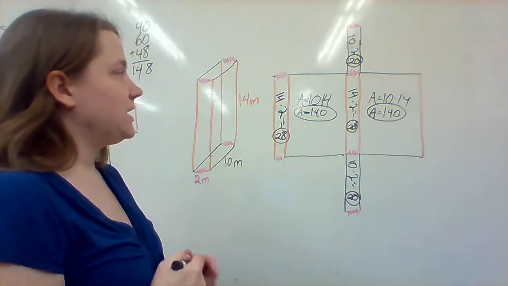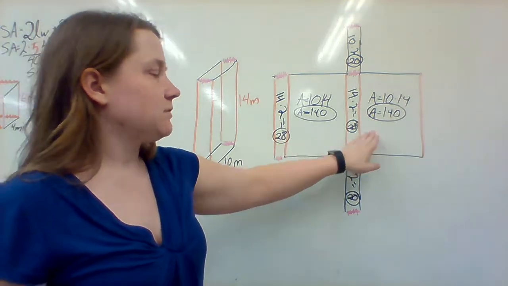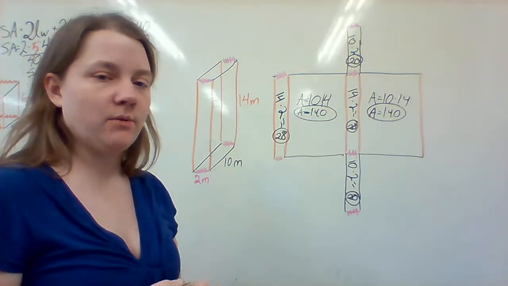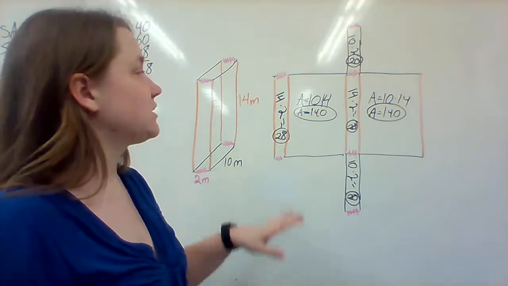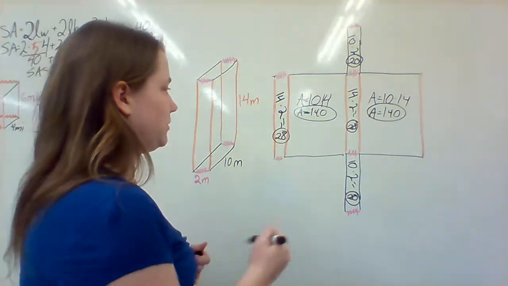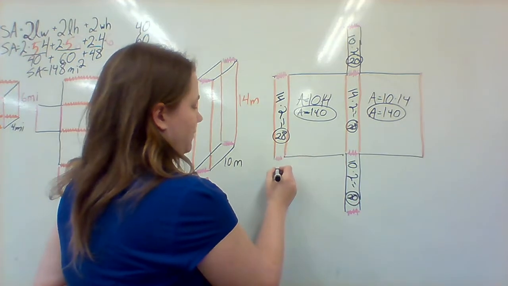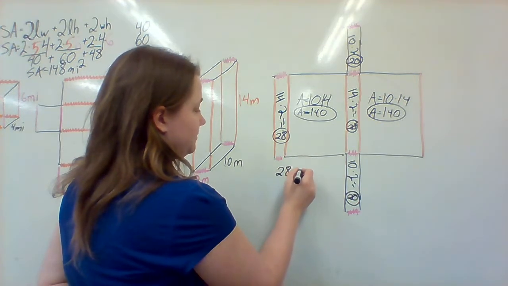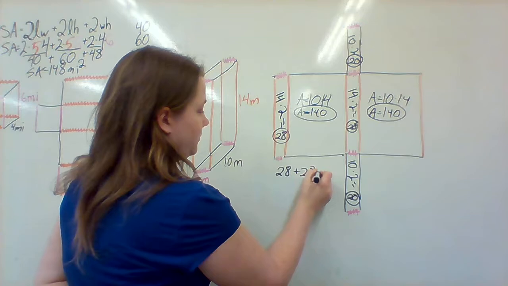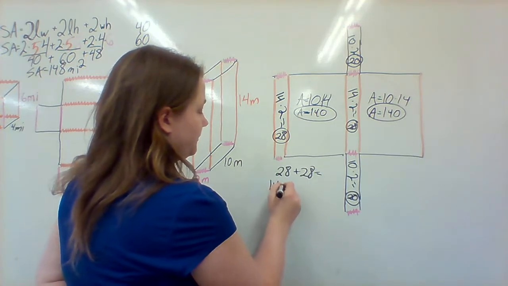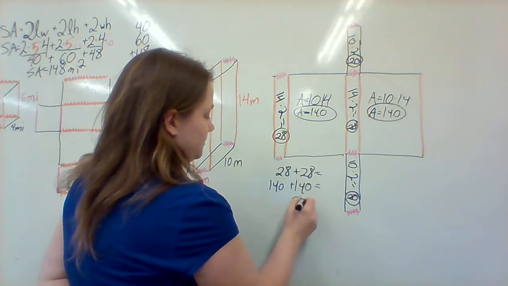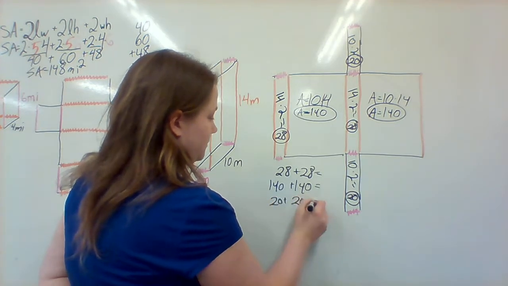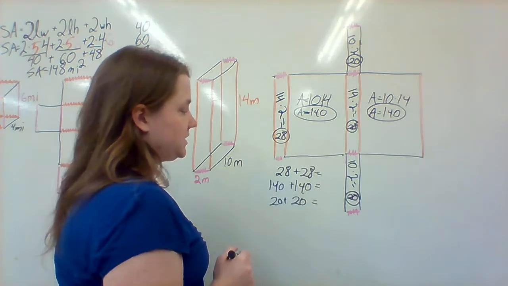Now that I've found the area of each of these rectangles, I want to add up all of these areas to find the surface area of the entire shape. So I have 2 28s, I have 2 140s, and I have 2 20s. Let's figure out what each of these added up are.